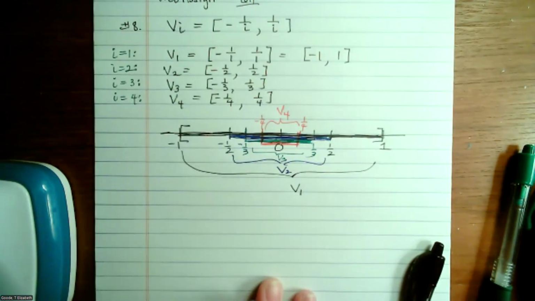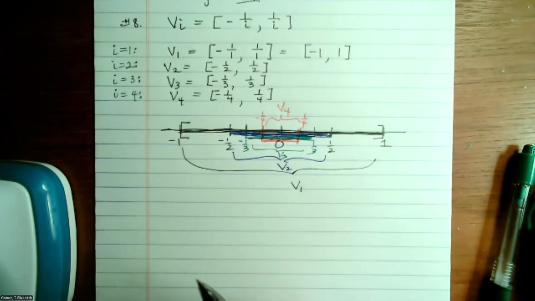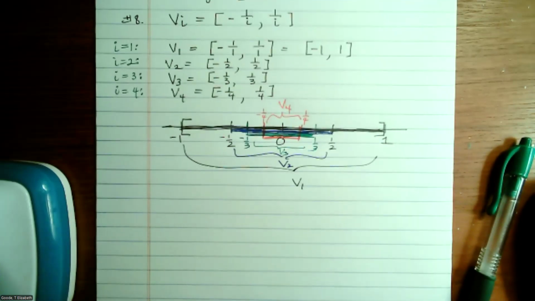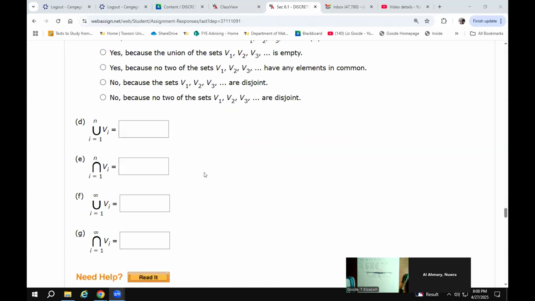Okay. So you said you were having some trouble maybe with the interval notation solutions. Yes. It asks us a couple of questions, the union and the intersection for the set, and I thought I was right to say it was negative 1 over 1 to 1 over 4. It should be negative 1 over 1 to 1 over 1 for the union.